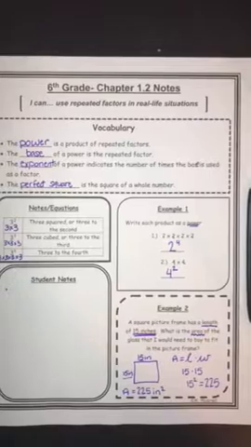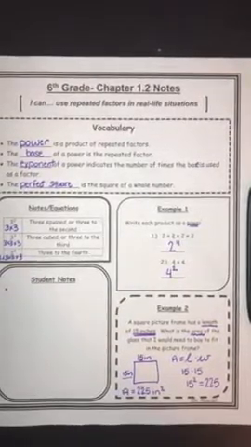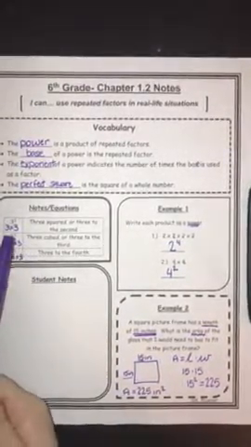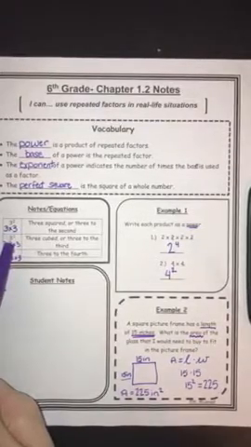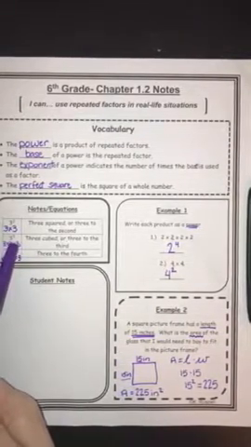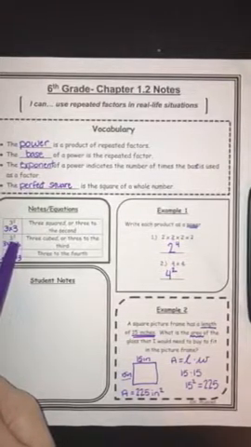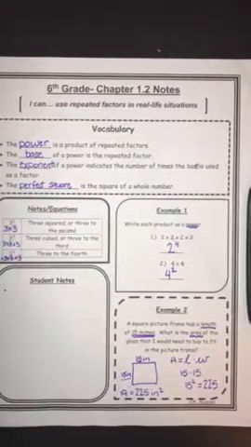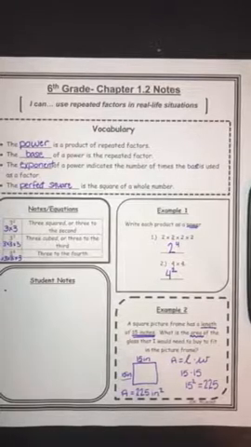Okay, so quick review. We have different bases. Our base is the number that's being multiplied multiple times, and the power, or the exponent, tells you how many times that number is multiplied.